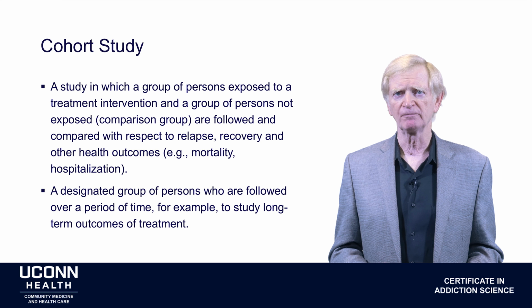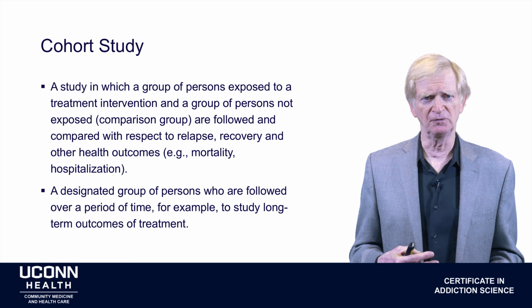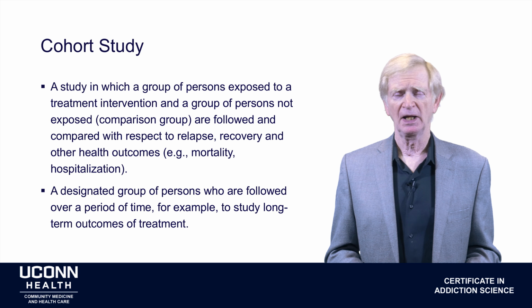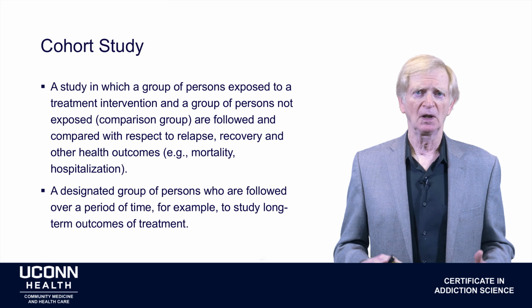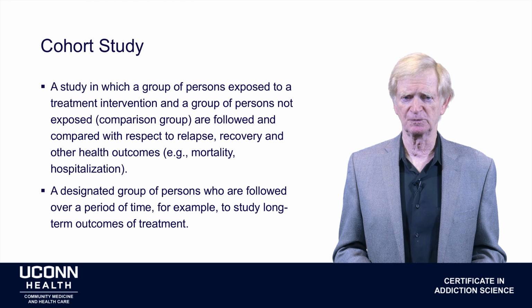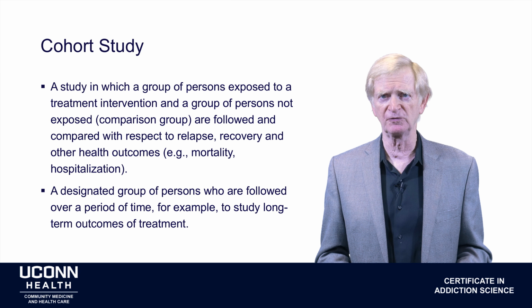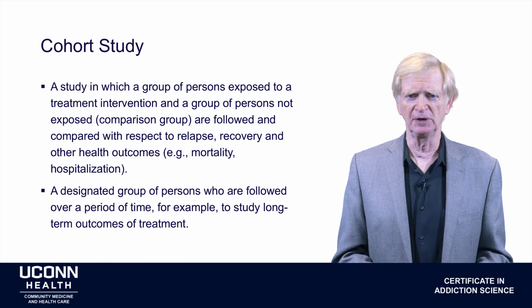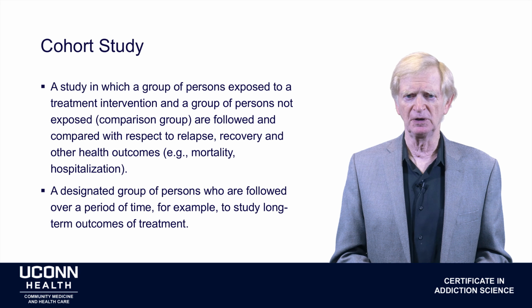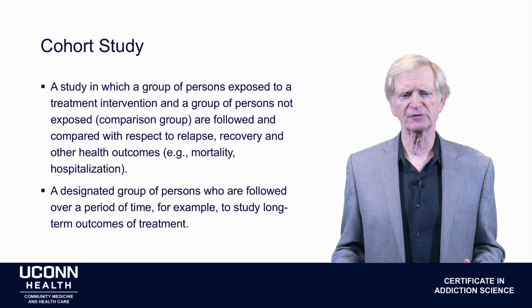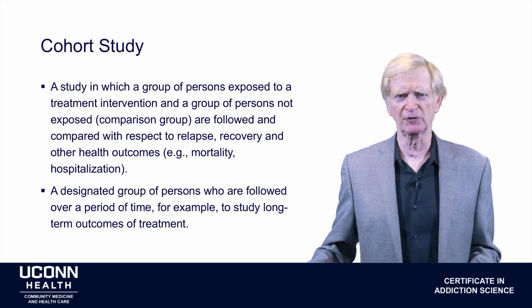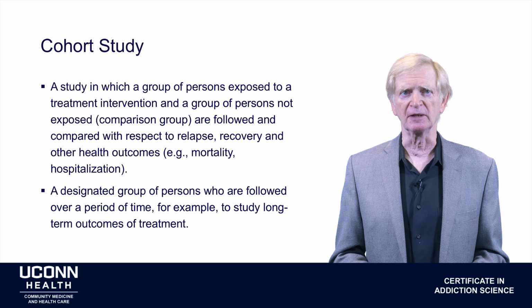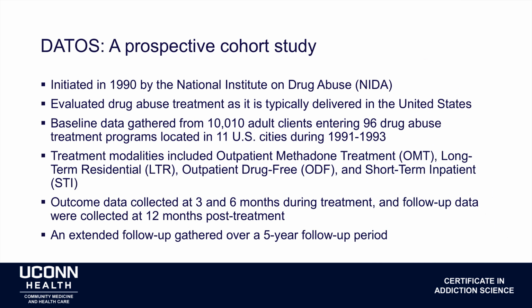And what we're looking for is their outcomes in terms of how long it takes them to relapse, how seriously their relapse is experienced, and whether there are any other problems experienced by people, including psychiatric problems, mortality, the development of drug or alcohol-related diseases. All of these things can be measured as outcomes. So a cohort study just tracks people over time and compares them to another group who are not exposed in the same way. A good example is the DATOS studies.